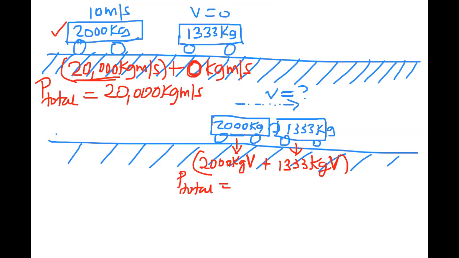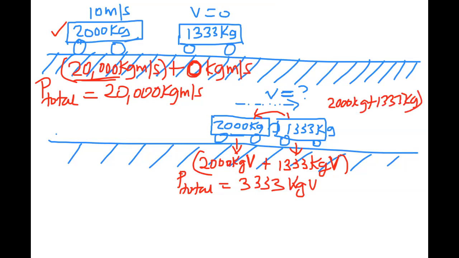We get 3,333 kilograms times V. Or you can just add the masses together and then times V, if that would be easier for you: 2,000 kilograms plus 1,333 kilograms, then times V.